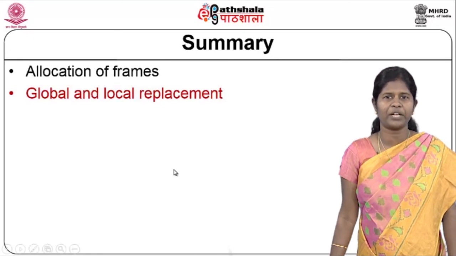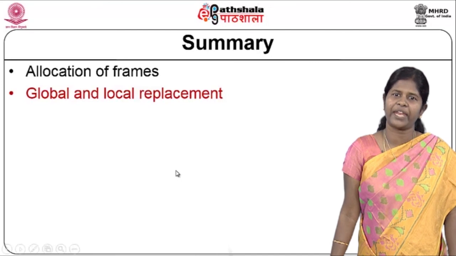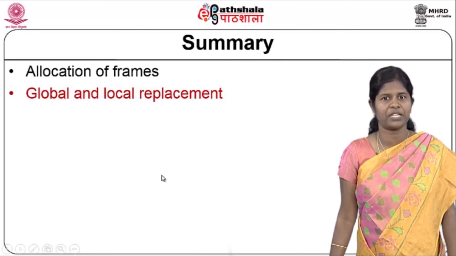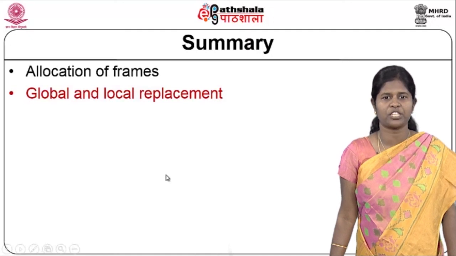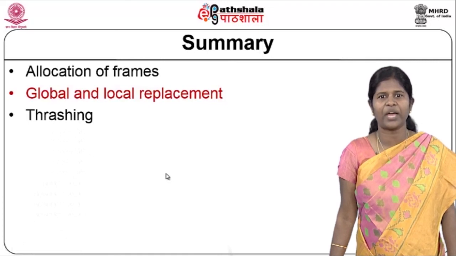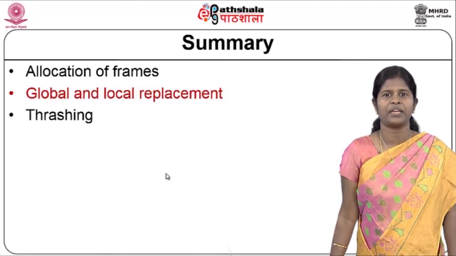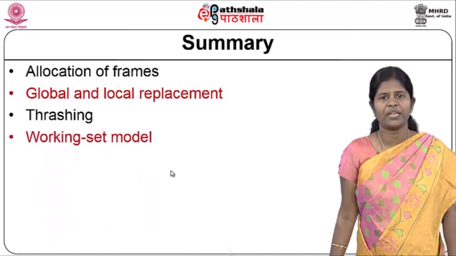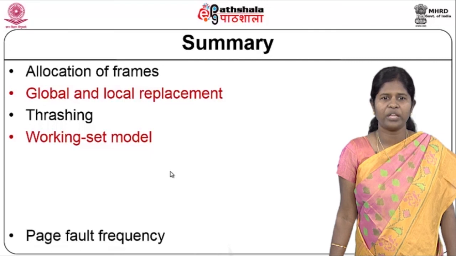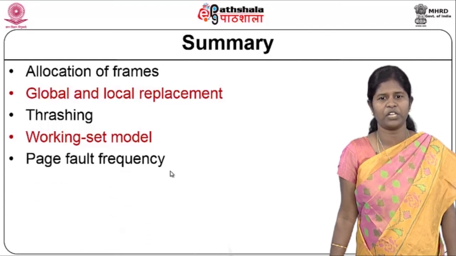You can go for global replacement, where you select a page from anywhere in the memory, or local replacement, where you select a page only among the pages allocated to a particular process. Then we learnt what thrashing is, that is, you have a lot of paging activity compared to execution, and you can overcome thrashing using the working set model or by considering the page fault frequency.